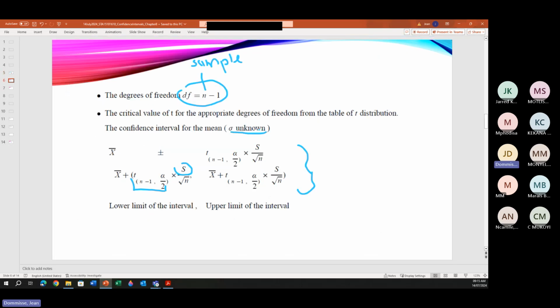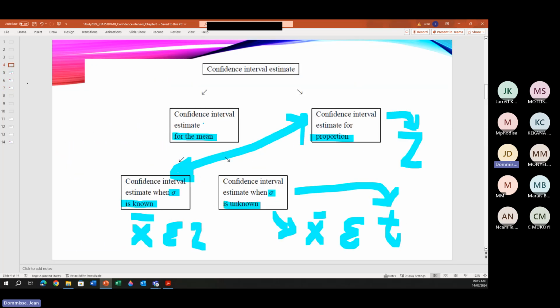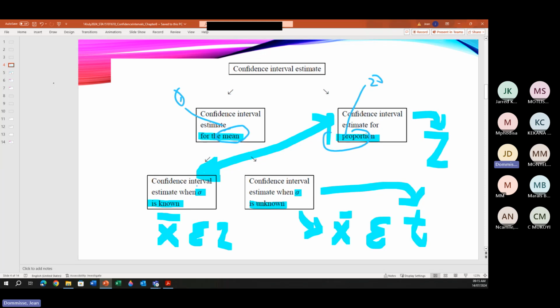Okay, so let's start. So just quick recap. We basically doing 3 different types of confidence intervals. The one is where we look for the mean, where we look for proportion, and then the mean can be split in two, where the standard deviation is known or the standard deviation is unknown.